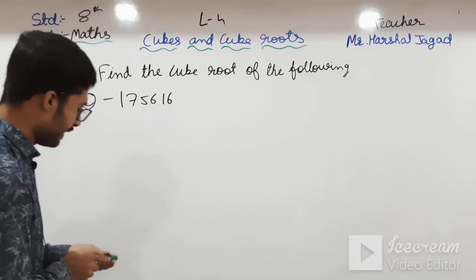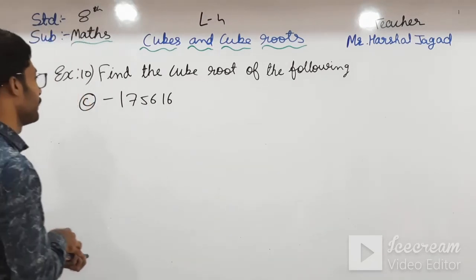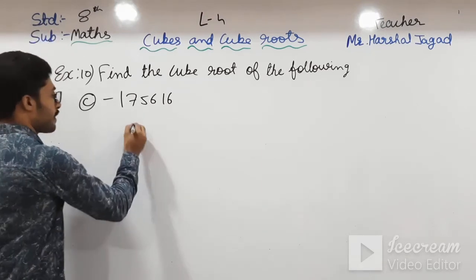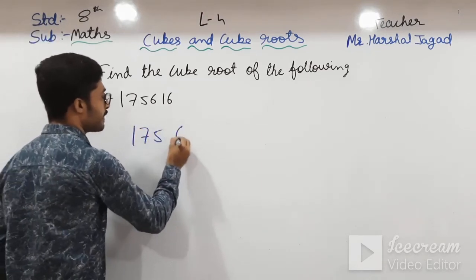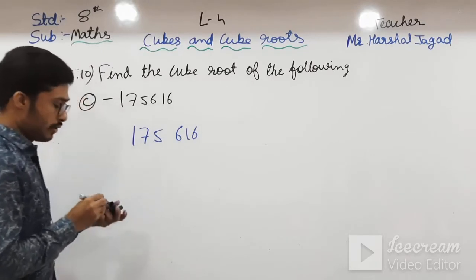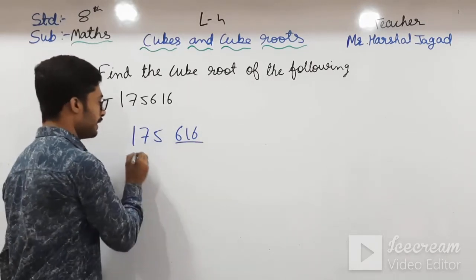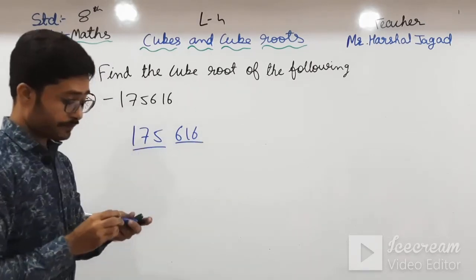Now making the groups, 175 and 616. So this is group 1 and this is group 2.